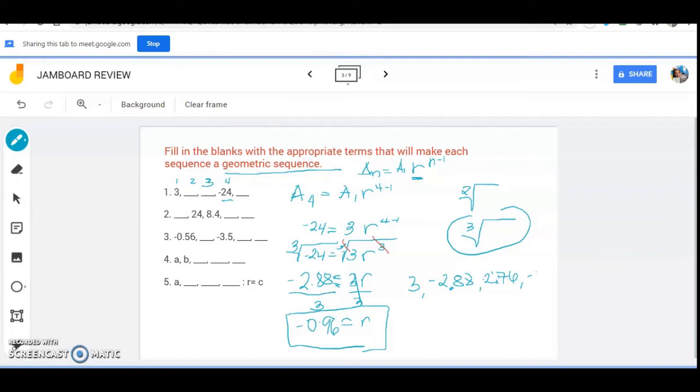Times 0.96. 2.64. Parang may error tayo sa solution na. May mali ba tayo sa solution? Tama naman. Okay, so that is how you generate now geometric pattern.